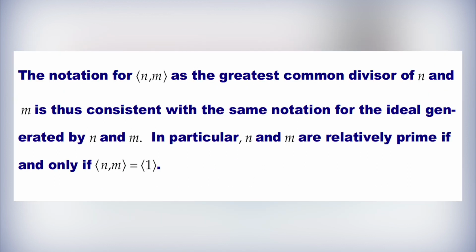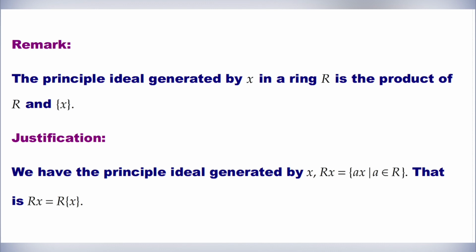The notation for the ideal generated by n, m as the greatest common divisor of n and m is thus consistent with the same notation for the ideal generated by n and m. In particular, n and m are relatively prime if and only if the ideal generated by n, m equals the ideal generated by 1. Next, we shall see a remark.